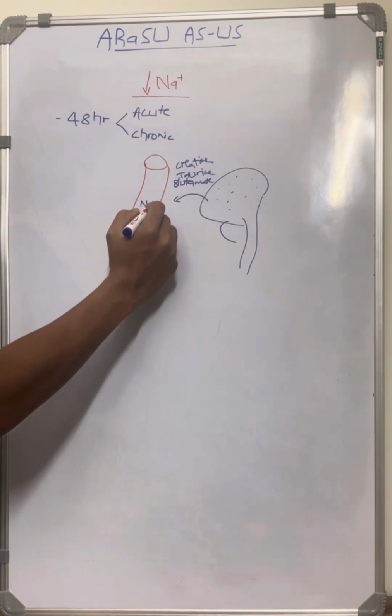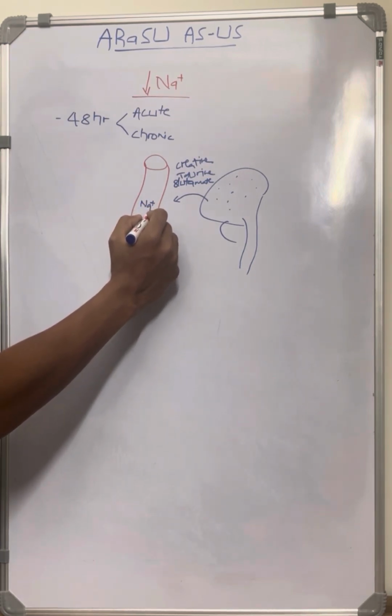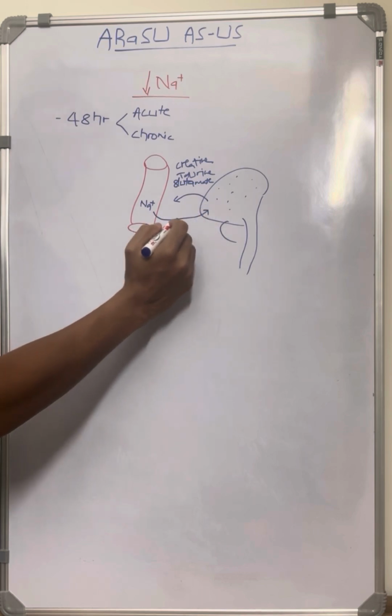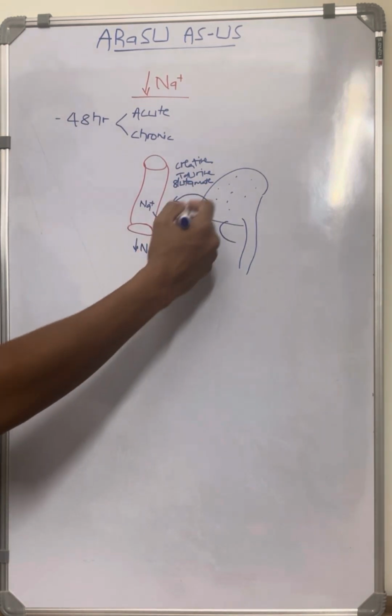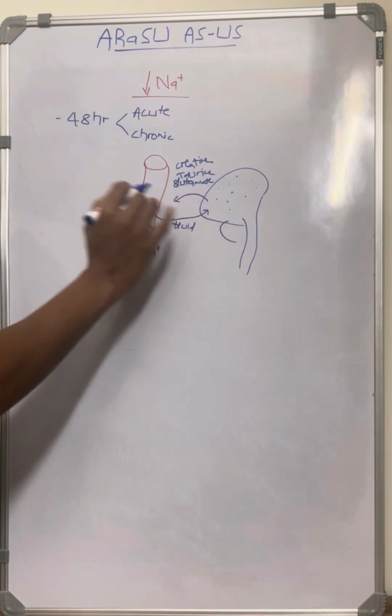Meanwhile, this diluted compartment will lead to a shift of fluid into the neuronal cells. So this exchange will try to compensate.